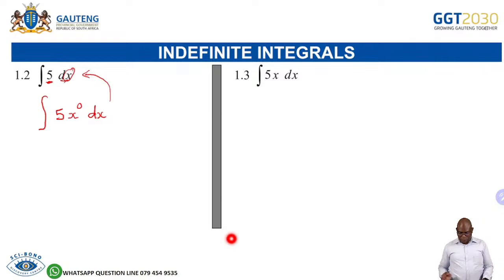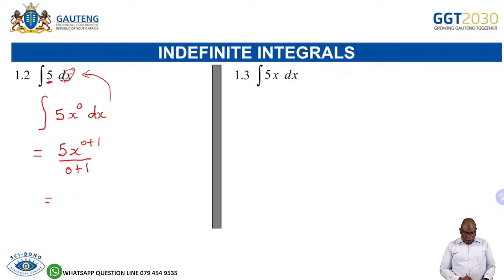So what am I going to do now? I'm now going to integrate. Once you start integrating, the integral sign falls off. So I'm going to have 5x to the power of 0 plus 1 all over 0 plus 1. Right?